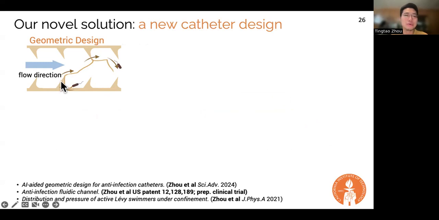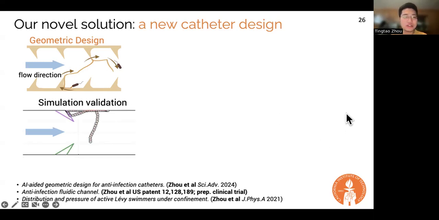We put some obstacles on the walls of the catheter, and these obstacles are tilted towards the downstream direction. We hope that this will cut off the power law distributed runtime of the bacteria along the wall and redirect them back into the middle of the Poiseuille flow so that they get washed downstream.